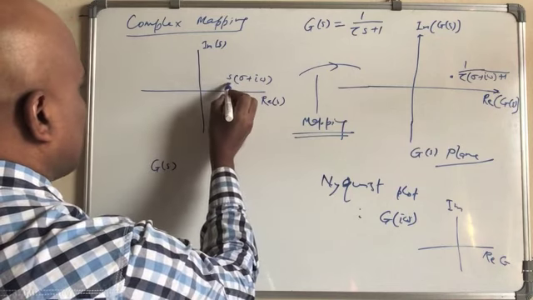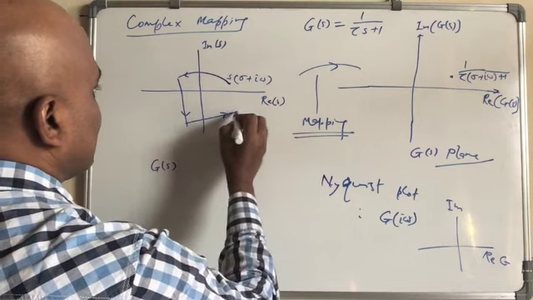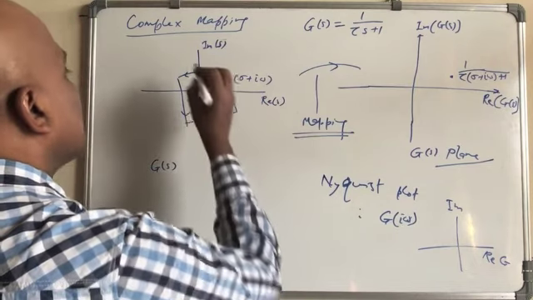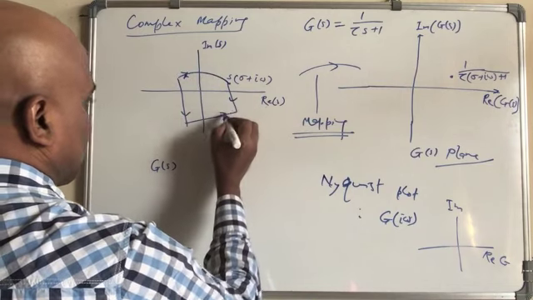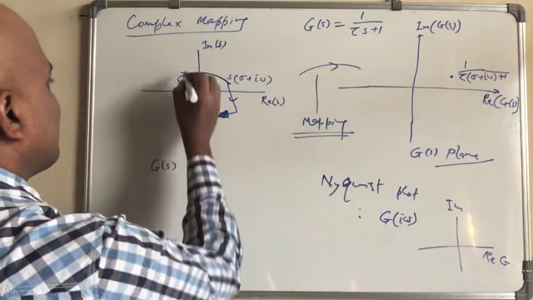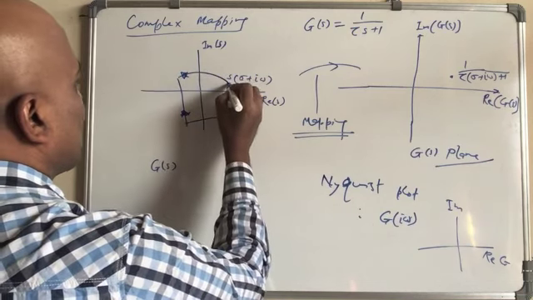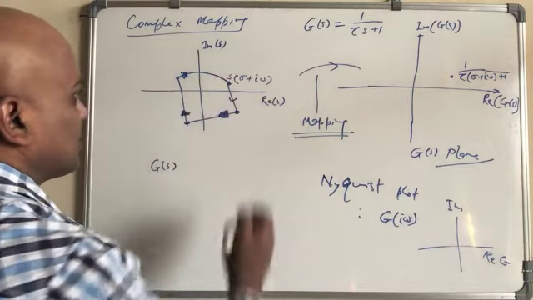So this path goes like this, comes like this, goes like this, clockwise. Typically we talk about clockwise, and in the theorem also we mention clockwise only.